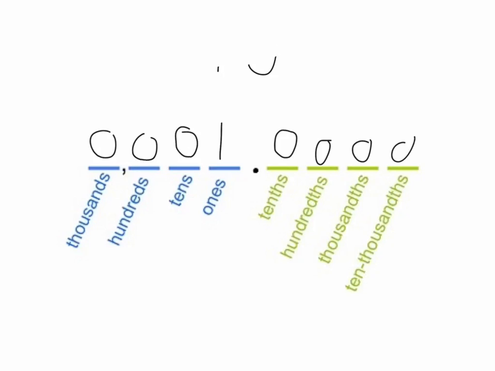So if you take a look, I'm going to start on a fresh page here just to show you. Okay, boys and girls, we'll take a look at dividing by 10 and multiplying by 10.